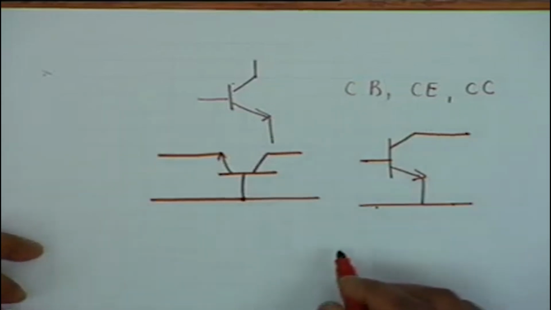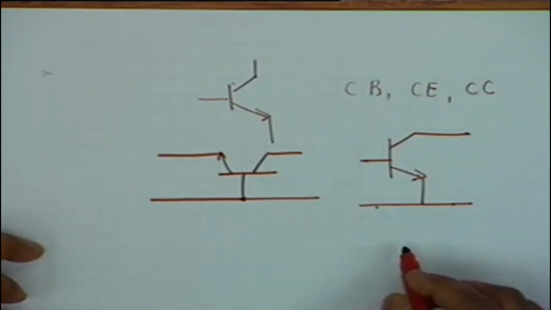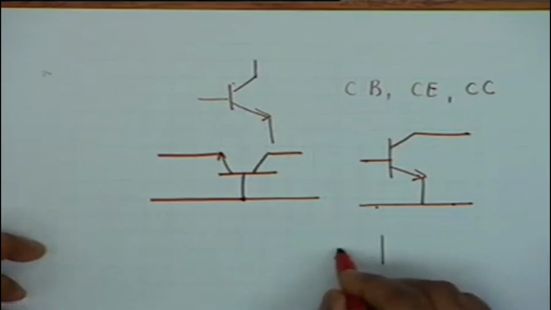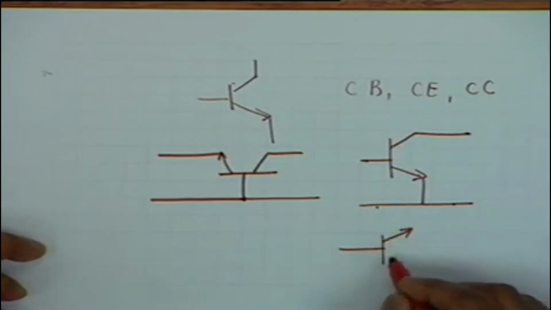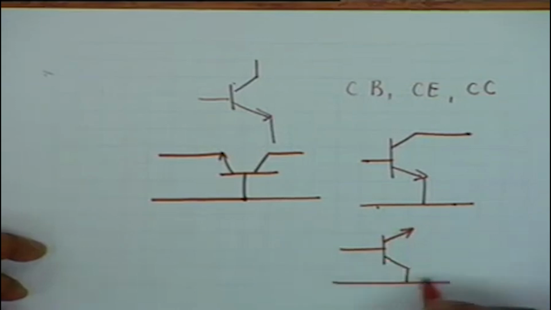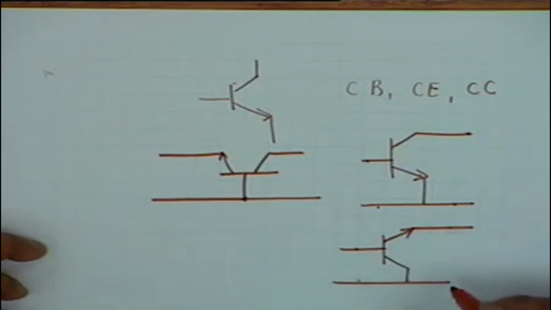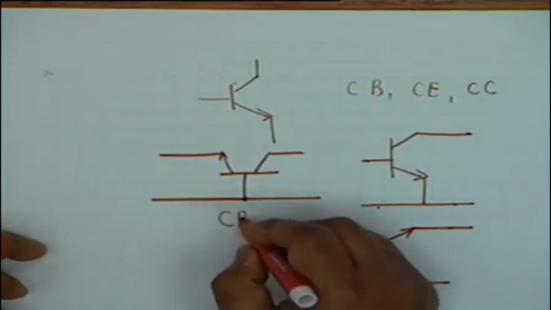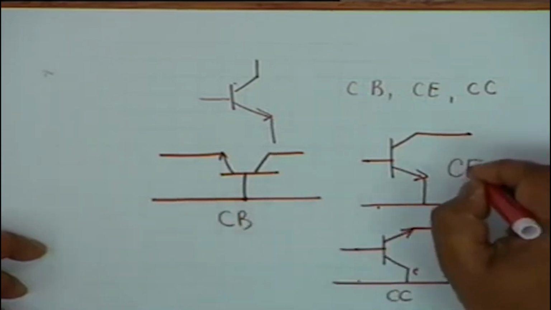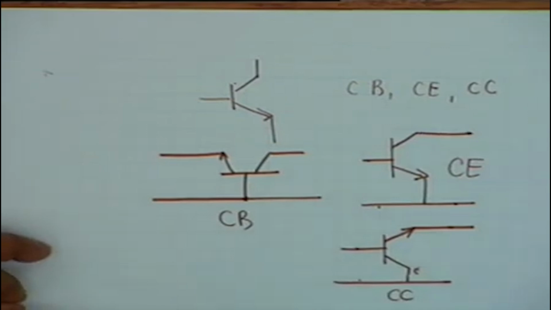Similarly you could have a common collector amplifier where the input is between base and collector and the output is between emitter and collector. This is called CC, common collector. This is CB, common base, and this is common emitter, CE connection.